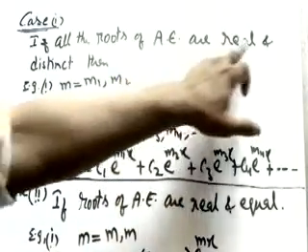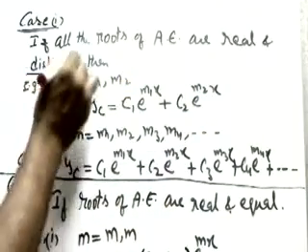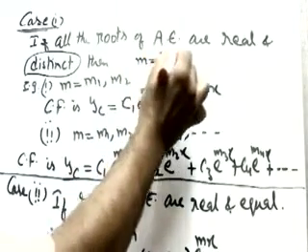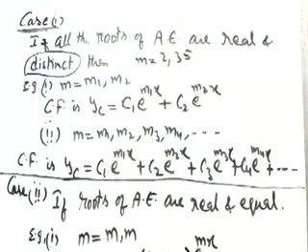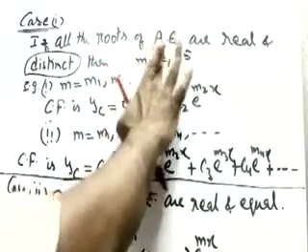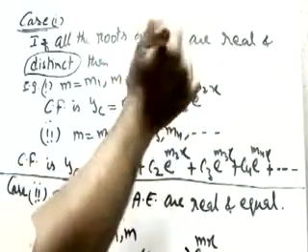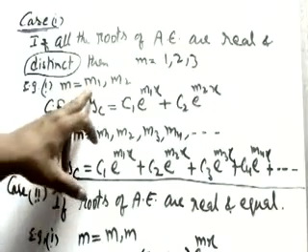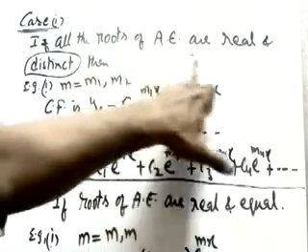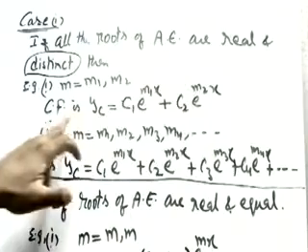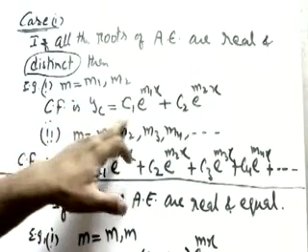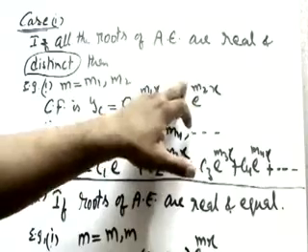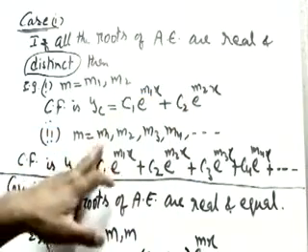If all the roots of the auxiliary equation are real and distinct, meaning different, suppose we get values of m on solving as 2, 3, 5, like this, not equal values, not repeated values, but distinct values, then we use this formula. Suppose we get m = m1, m2, two different values, then the complementary function is yc = c1 e^(m1 x) + c2 e^(m2 x).